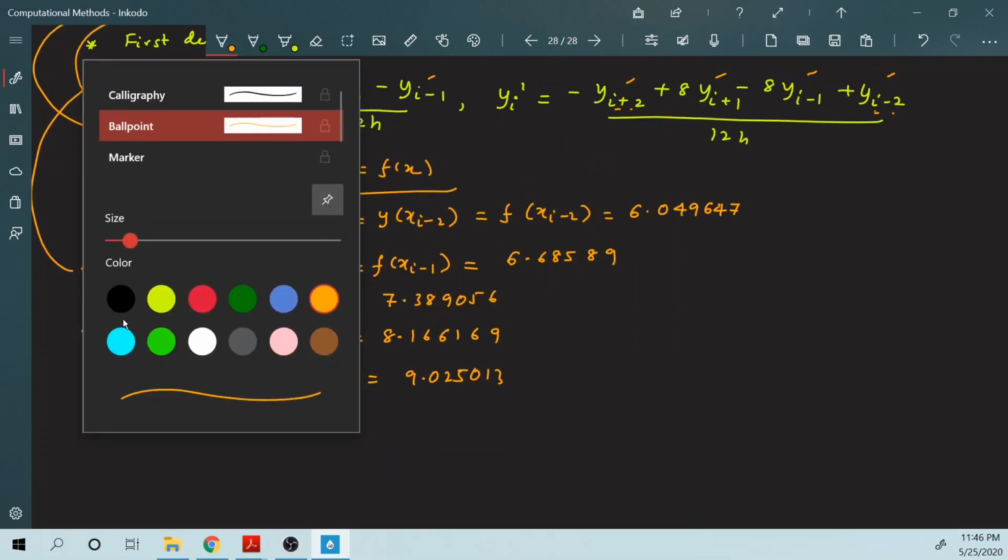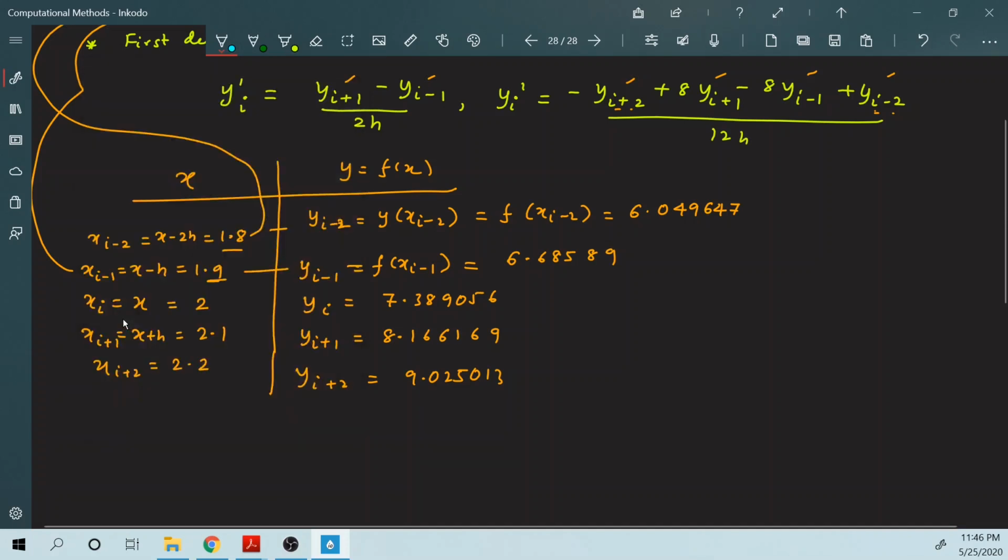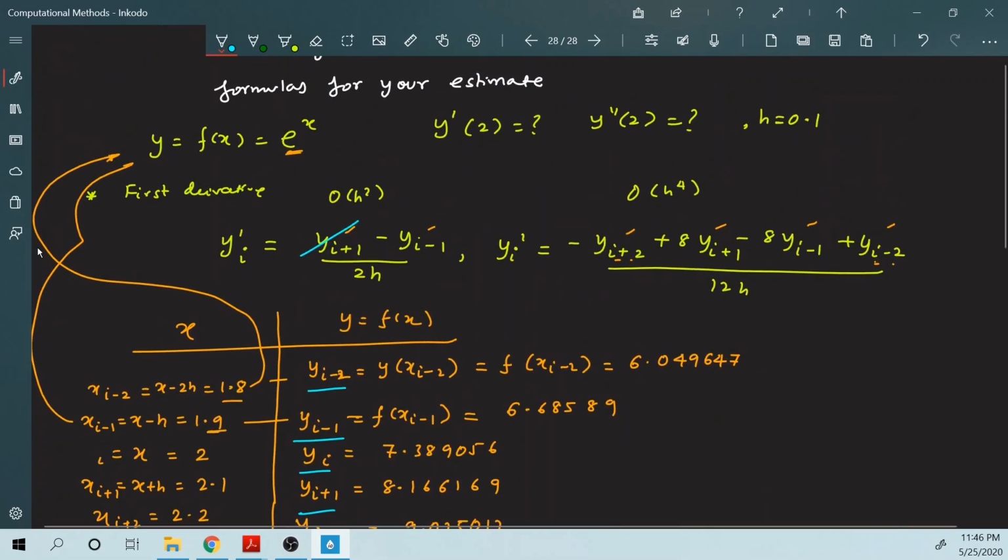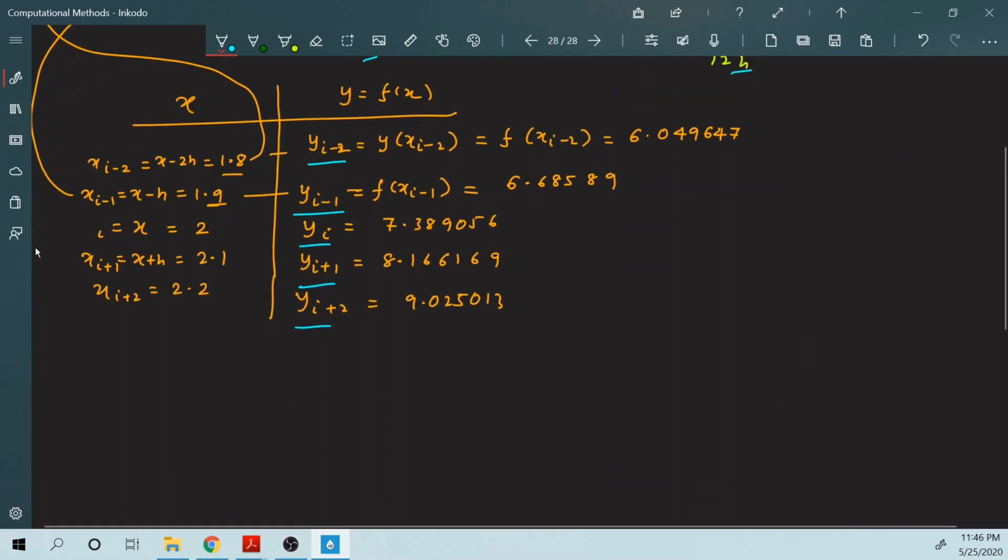So once you substitute the values of yi minus 2, yi minus 1, yi plus 1, yi plus 2 here, and here, and also the value of h, you'll find out the value of the first derivative that you are getting is 7.401395.